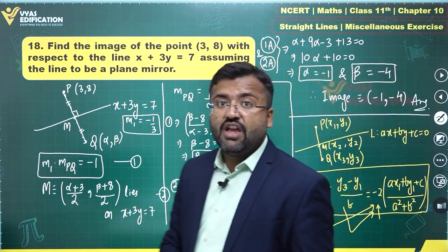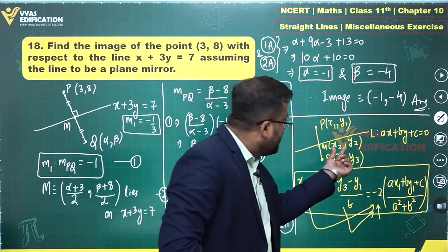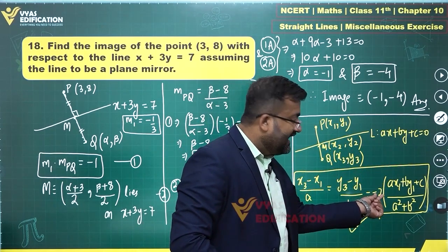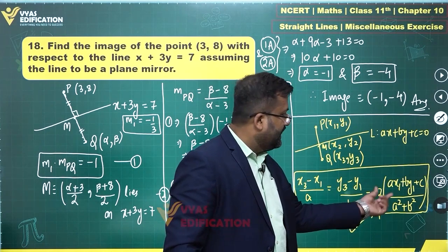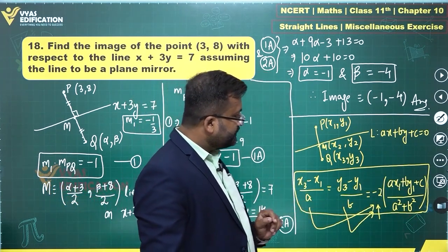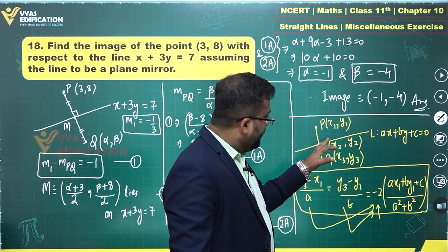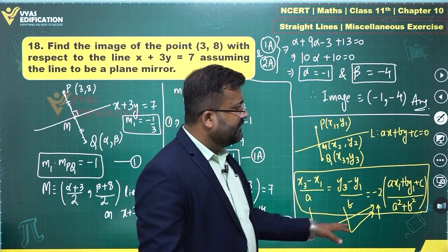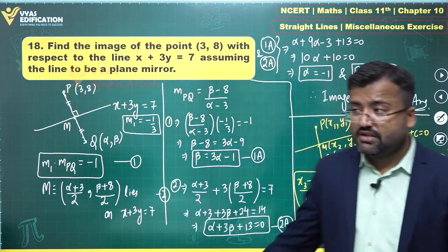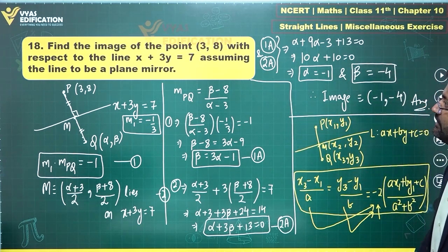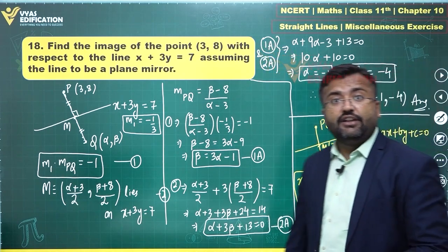In that earlier formula, for (x2, y2), you had (x2 - x1)/a and (y2 - y1)/b, and instead of minus 2 you had minus 1, and the rest was the same. So the formulae for M and Q are quite similar, and for competitive exams you can use these formulae directly. Otherwise, you have this whole method, and we are good to go with this as well. That's the complete solution of this 18th question.